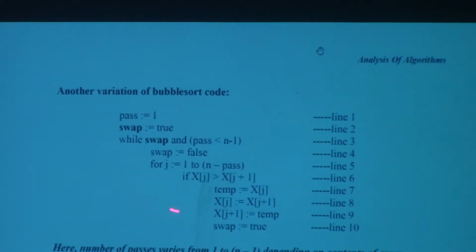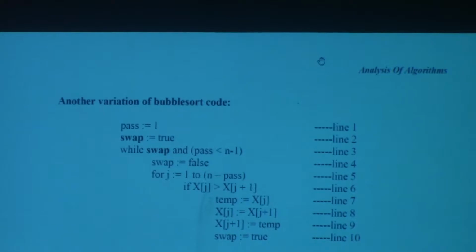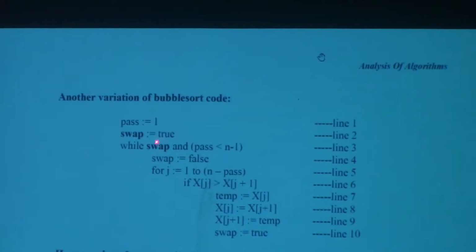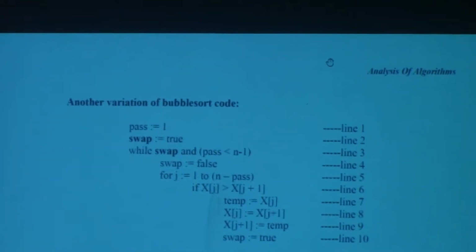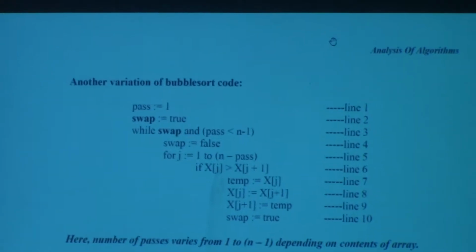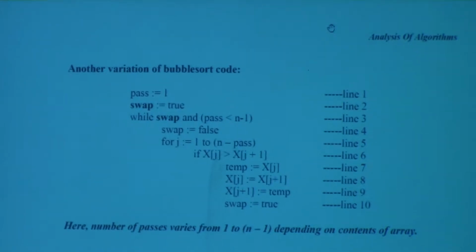Therefore, when this inner loop finishes and swap is false, the while loop, which forces the next pass, stops. So therefore, this algorithm will stop early if the data has been sorted already because the last pass did not have any swaps.